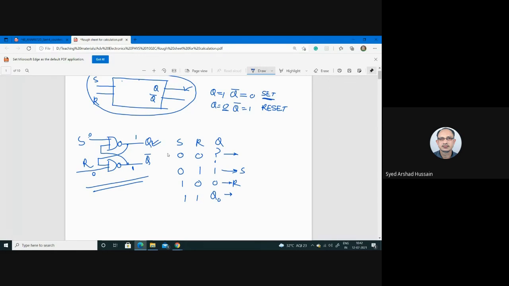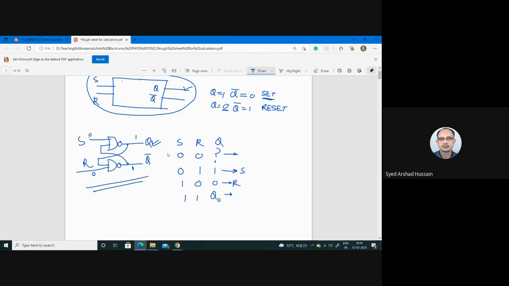Now whenever there are this kind of circuits, before switching on, the circuit should always have some kind of state. State means either input as 00 or 11, something like this.